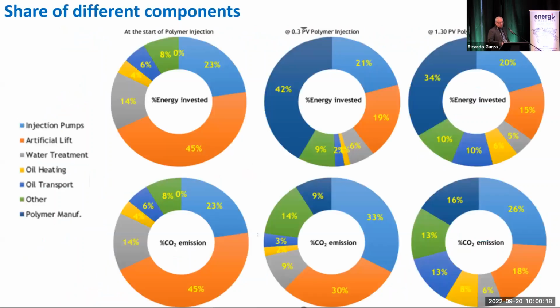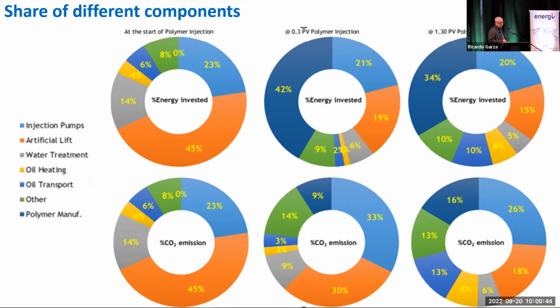We have to think along these lines also to look at different steps: injection pumps, artificial lift, water treatment, oil heating, oil transport, other things, and so on. What are the contributions, and how could we minimize the carbon footprint or CO2 emission for this process?